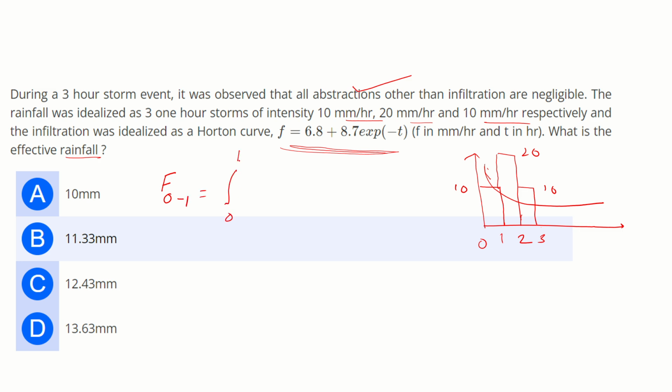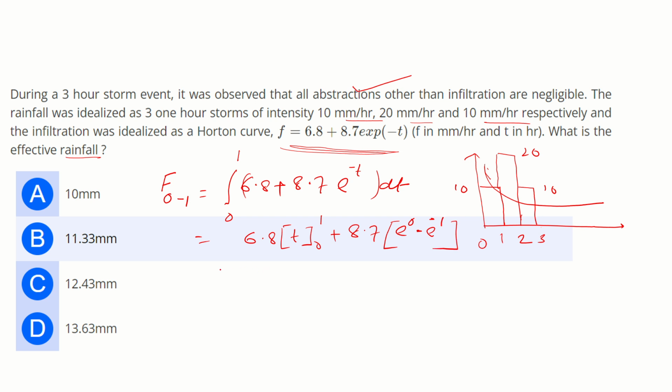Integration 0 to 1 of (6.8 + 8.7 e to the power minus t) dt. That means 6.8 into t from 0 to 1 plus 8.7 into (e to the power 0 minus e to the power minus 1). इसको सॉल्व करेंगे तो this will be 12.29 सेंटीमीटर.